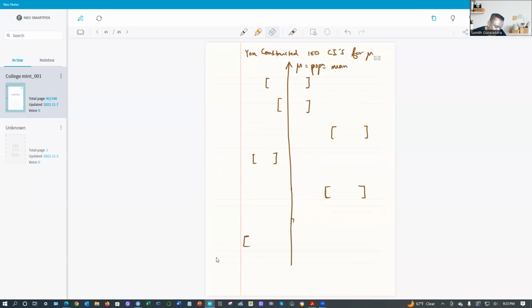A 95% confidence interval will contain the population mean mu, while 5 of them do not do so.